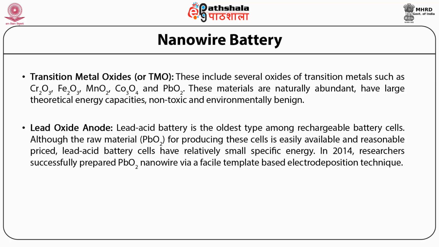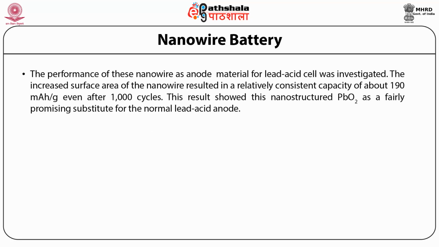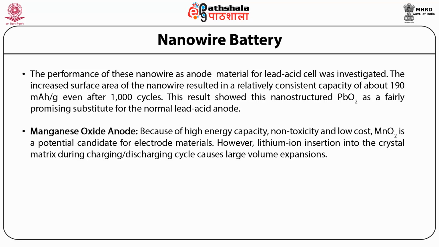The performance of these nanowires as anode material for lead acid cell was investigated. The increased surface area of the nanowire resulted in a relatively consistent capacity of about 190 mAh per gram even after 1000 cycles. This result showed this nanostructured lead iodide as a fairly promising substitute for the normal lead acid anode.